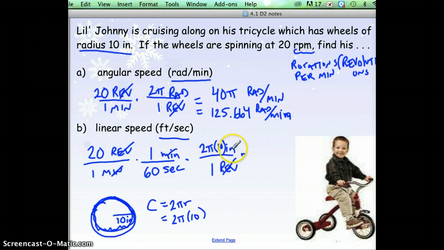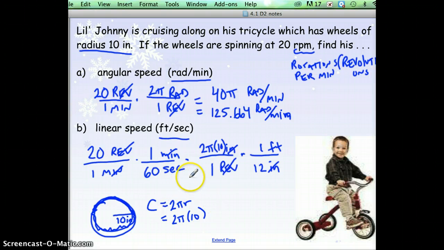Now we need to get inches into feet. If inches are on the top, then inches go on the bottom. So there are 12 inches in 1 foot. So the inches go away now. So now our units are feet over seconds. So now what we need to do is just multiply straight across the top and straight across the bottom.